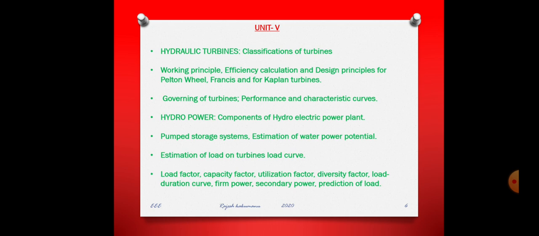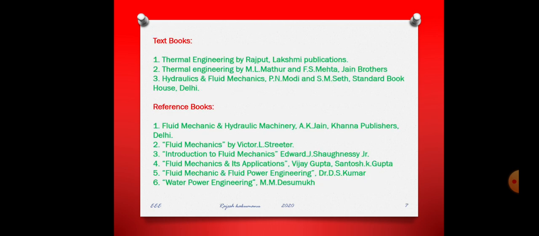Or write short notes, or differentiate between Pelton and Kaplan turbines, or you can see problems based upon the estimation of load curves and utilization factors. It is very easy, and these are real-time problems. So like this, unit 5 gives the information about hydraulic turbines and hydropower plant. With this, Part B is completed.